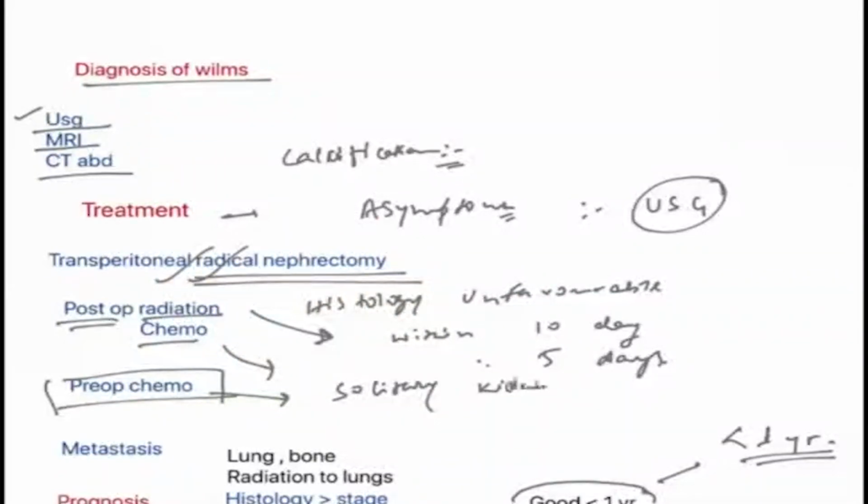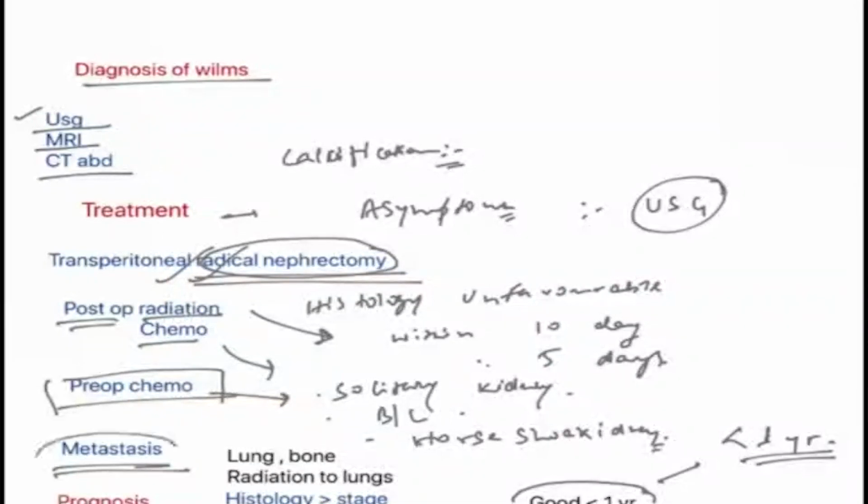Pre-op chemotherapy is also given, but it is done when there is solitary kidney. By pre-op chemotherapy, we want to decrease the tumor size so that instead of radical nephrectomy, partial nephrectomy can be done, or when there is bilateral Wilms tumor or tumor in horseshoe kidney.